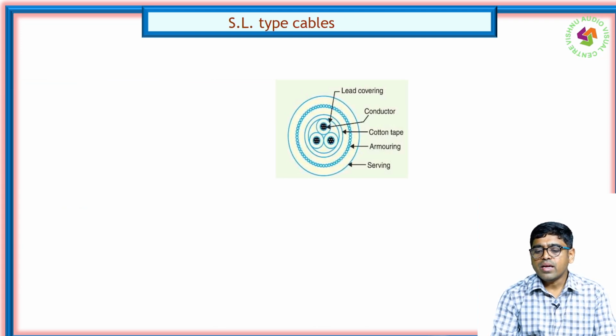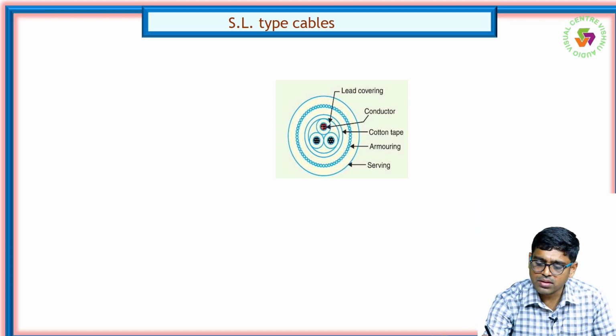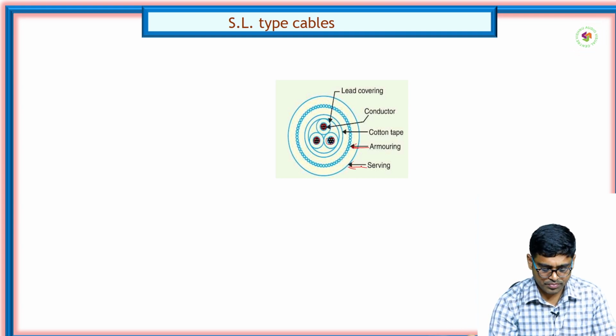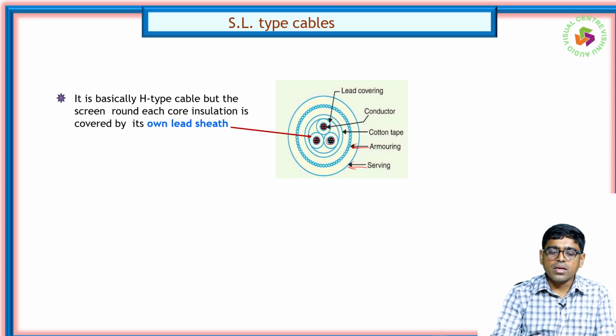Next is the SL type of cable. We have the conductors, these are the R, Y, B phases. Then lead covering, then cotton tape, then armoring, then serving. It is basically the H type of cable, but the screen around each core insulation is covered by its own lead sheath.